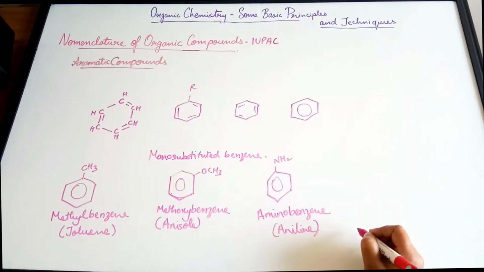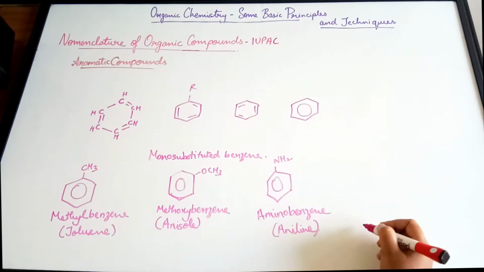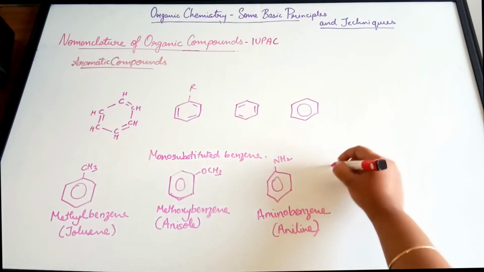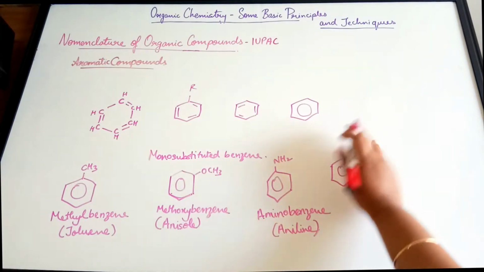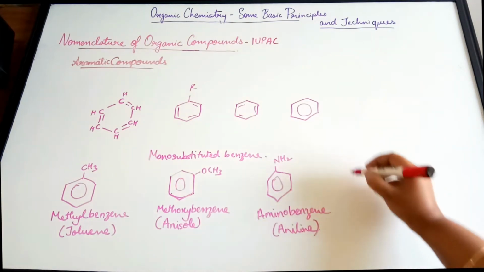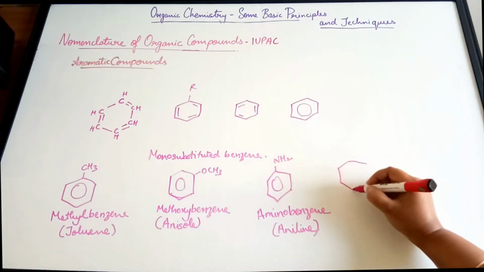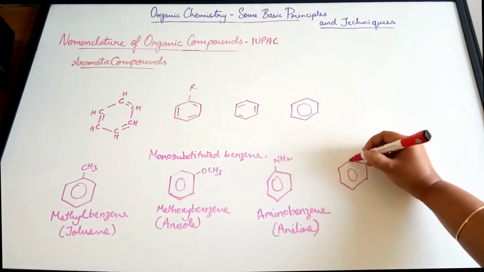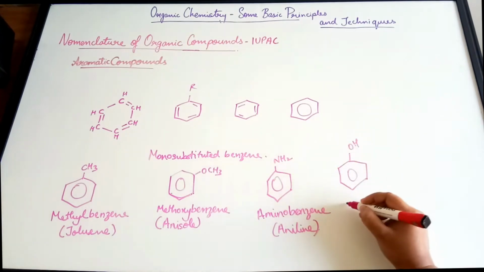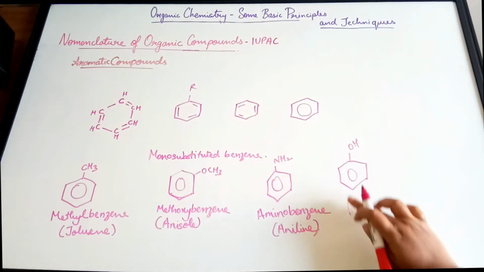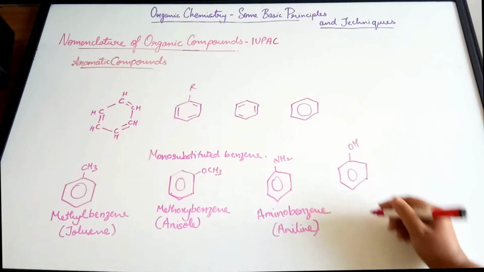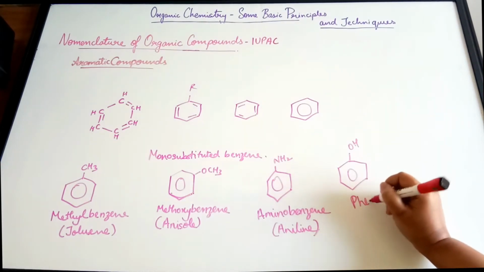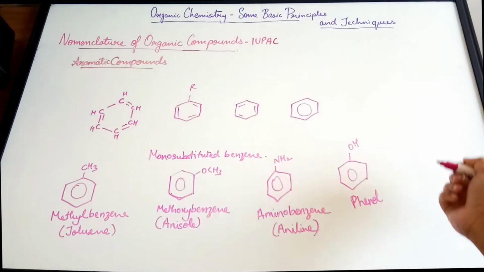Next, you have a benzene ring which has an OH group substituted. Okay, I better draw a proper ring. So this is called hydroxybenzene, or it can also be called phenol.